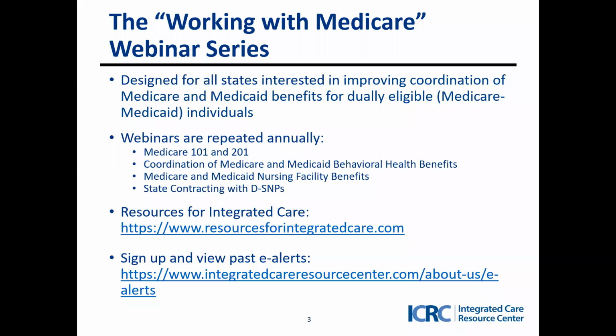However, health plan staff and providers may also want to visit our sister organization, Resources for Integrated Care. The link to their website is up on the screen. They develop and disseminate technical assistance tools for health plans and providers around successful innovations and care models.